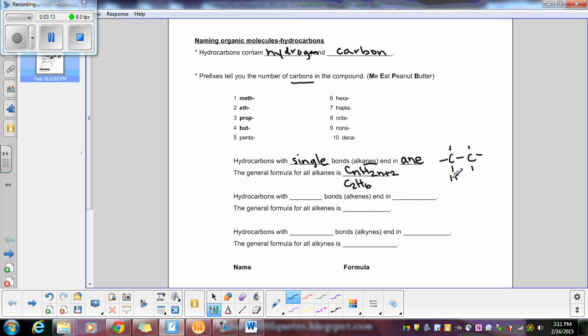Remember that most elements need to have 8 valence electrons in order to be stable. So each of these lines that I'm drawing represents one pair of electrons that the carbon is sharing with another atom. If I look at this carbon, it has 2, 4, 6, 8 valence electrons, so it's stable.